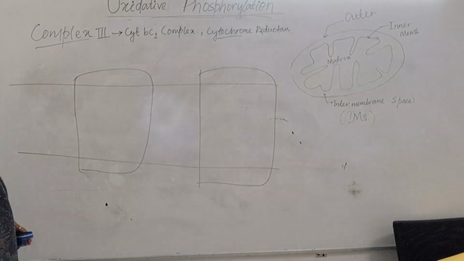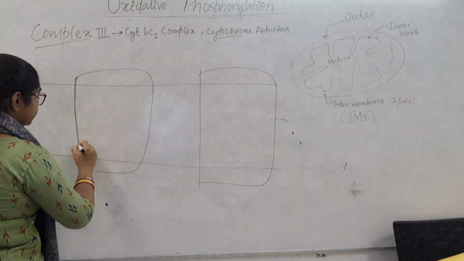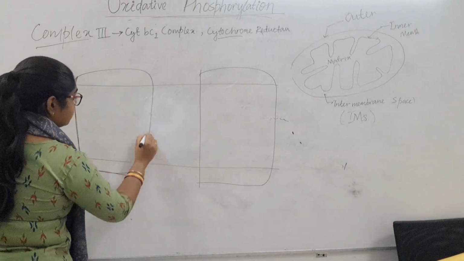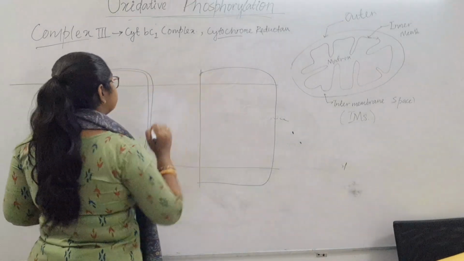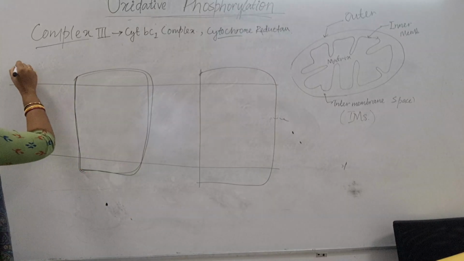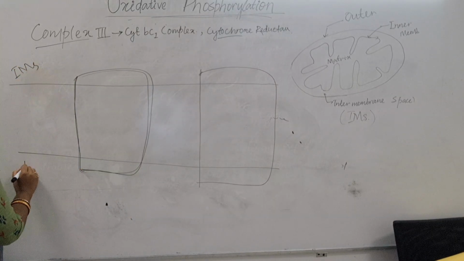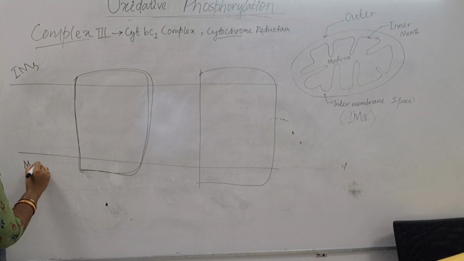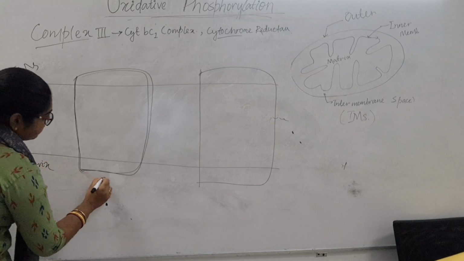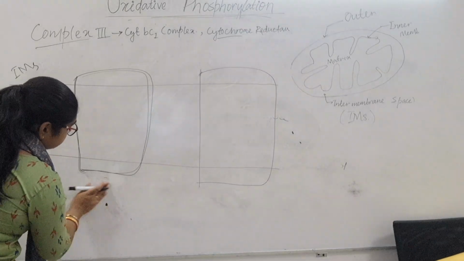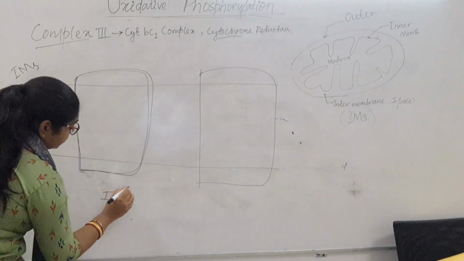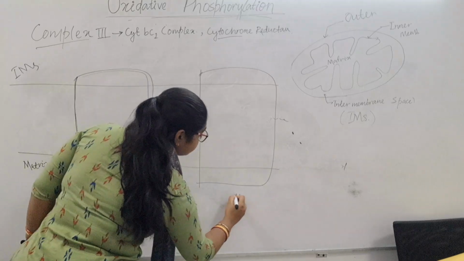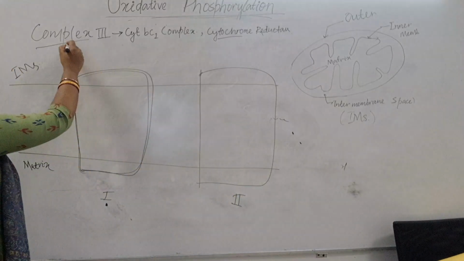This is the first step and this is the second step. So this is the intermembrane space, this is the matrix, and this is step 1, this is step 2, of complex 3.